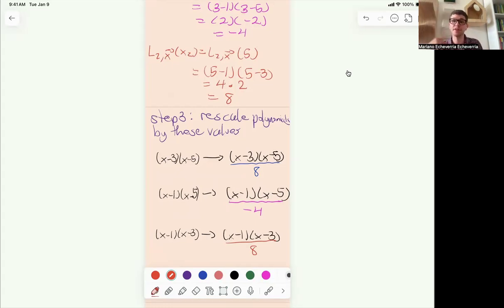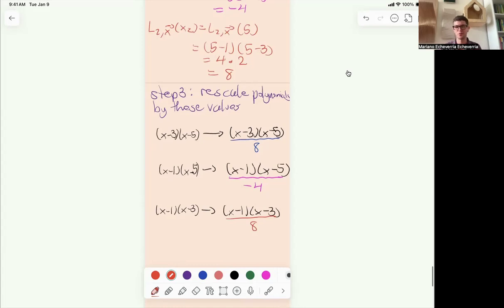And then what is the property of this new version of the polynomial? The interesting property that they have is that they are zero at two of the three x values and precisely one at the remaining x value, which is kind of cool.